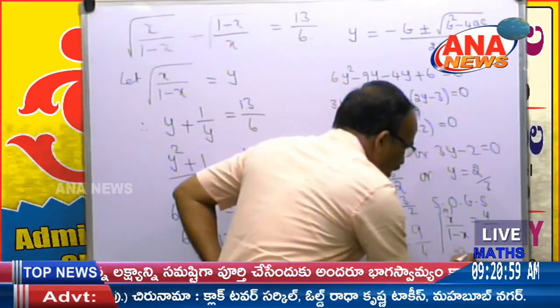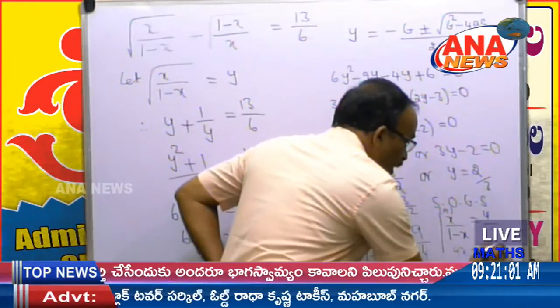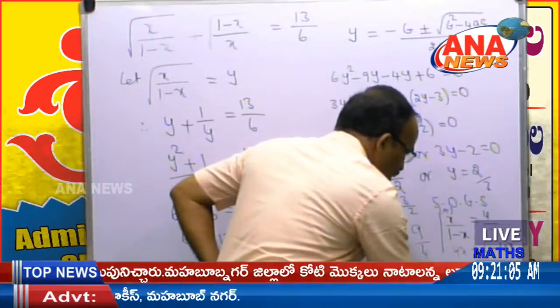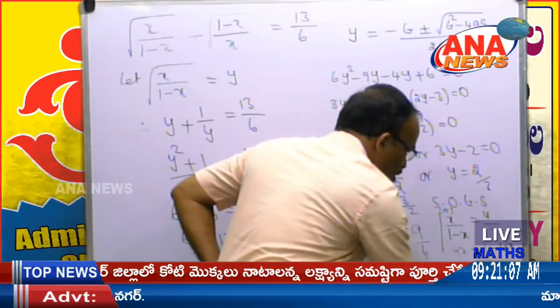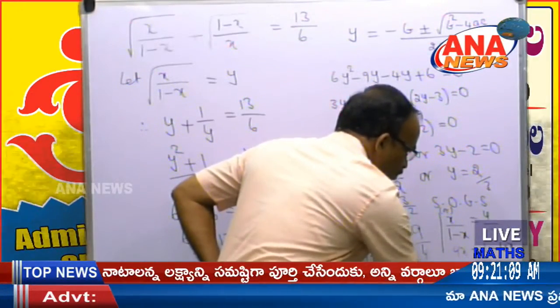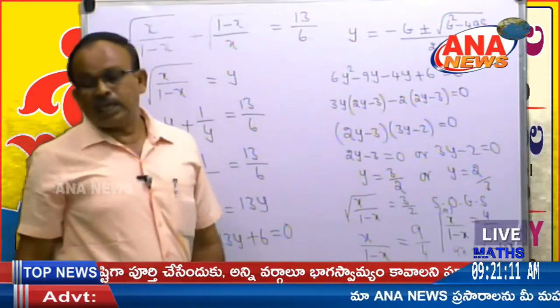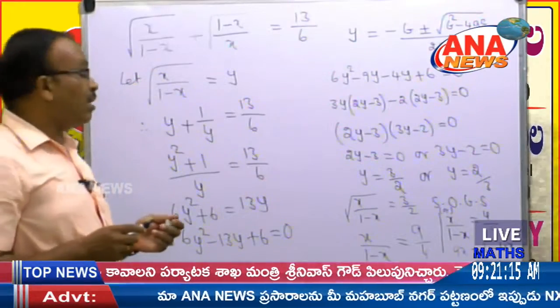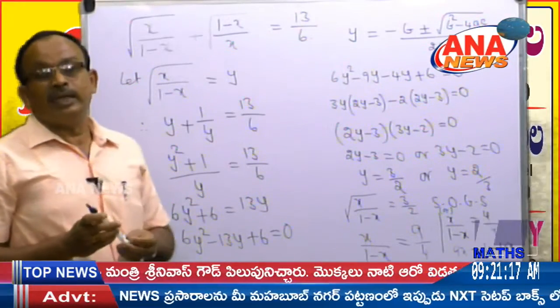Here 9x is equal to 4 minus 4x. So 13x is equal to 4, x is equal to 4 by 13. So these are the values: one is 4 by 13, another one is 9 by 13.